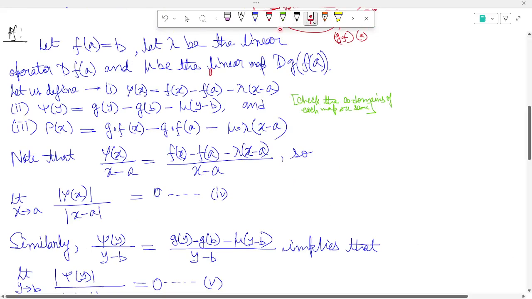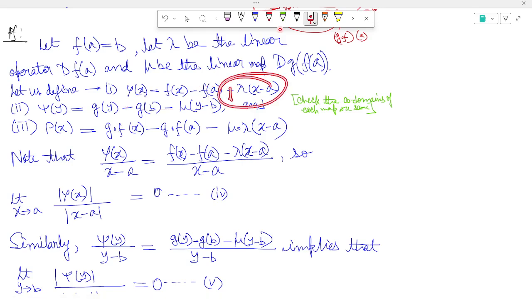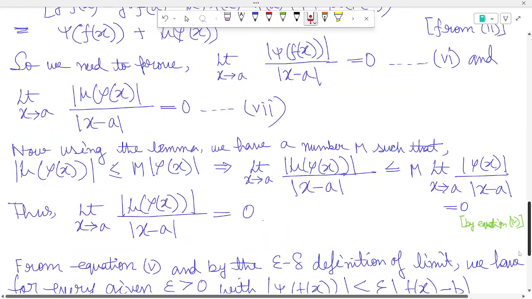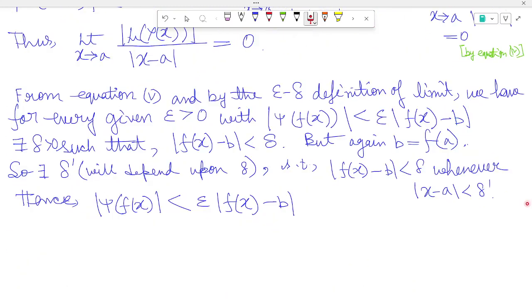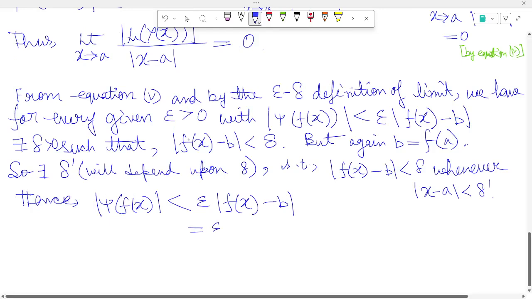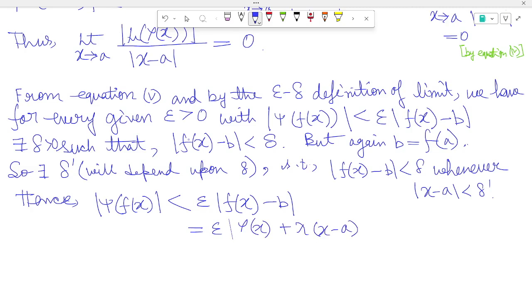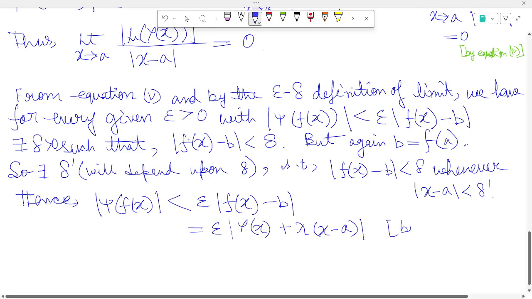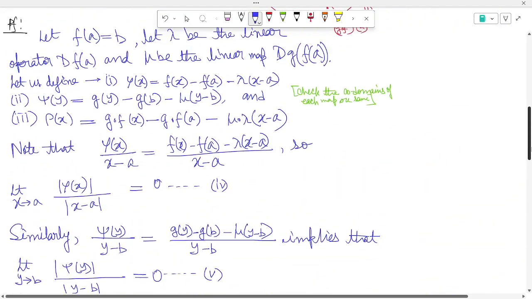Yes. f(x) minus b is this thing. So this is psi x minus this thing, psi x plus, I think it will be psi x plus. So from there I can write it as epsilon f(x). What is inside the modulus? It will be psi x plus lambda x minus. I think it is by equation 1. Yes.